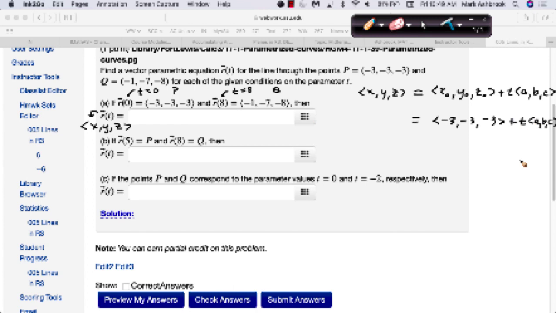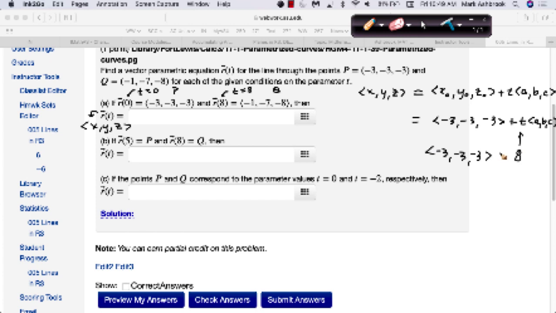Remember, any scalar multiple of the direction vector of the line will work. So there's only one that's going to be such that when we plug 8 in for t, this thing's going to give us point Q. That's the one we need to find. Does that make sense? Okay, so we'll just do it. So when we plug 8 in, what do we want to get? -1, -7, -8.